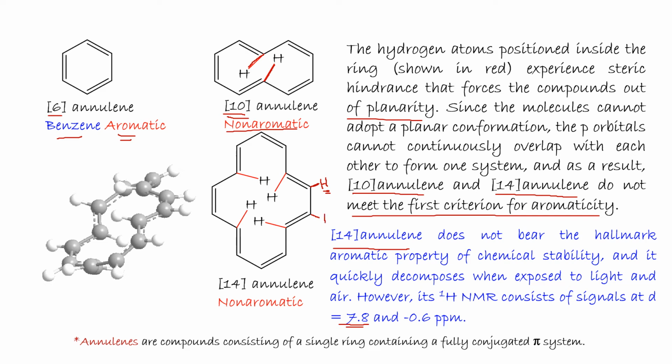If you have a continuous wave of pi electrons, it creates a field that takes these hydrogens downfield, in the region of 7.8, and again the protons inside here are highly shielded at minus 0.6. So it's a debate between people saying it's aromatic and people saying it's not aromatic.